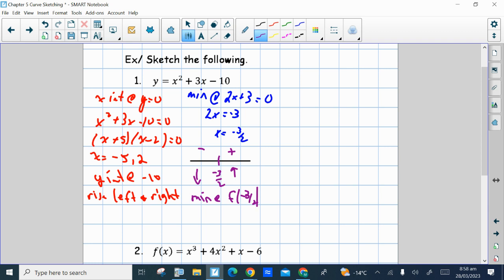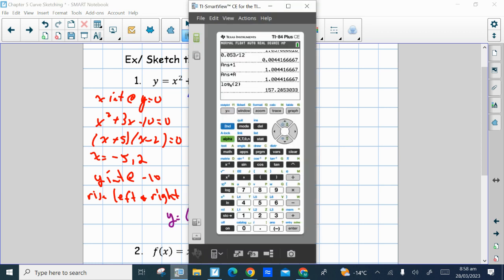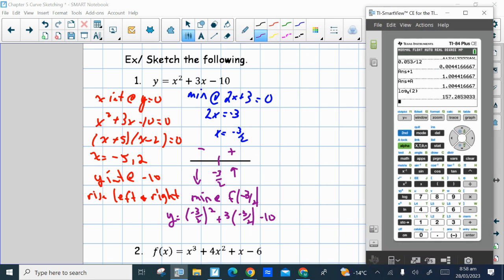And we can find out what that point is by letting x equal negative 3 halves in the original equation. It's a point on that graph. So we can use our calculator to help us here.